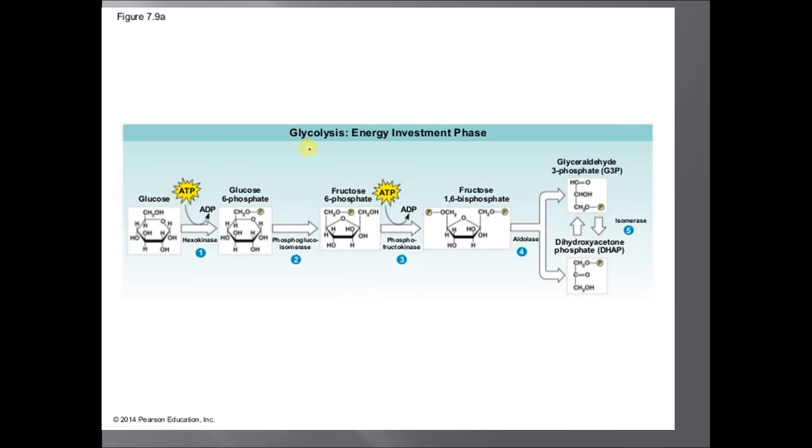So they're kind of 2 halves, and we don't need to memorize any of these names or these enzymes, but we want to see that at the beginning, in 2 steps, we're sticking phosphate groups onto our glucose molecule, and that costs 2 ATP.